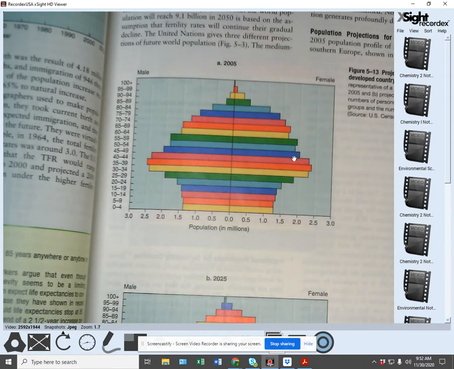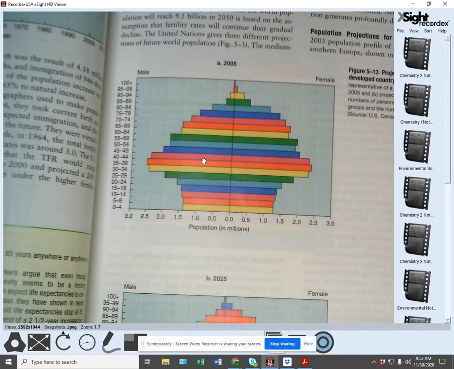Okay, so using this, you can see where the largest percentage of your population is age-wise, like what groups. This was for Italy in 2005. You can see that the largest percentage of their population is in these age ranges, basically 30 to 45, where these three bars are for males and females.